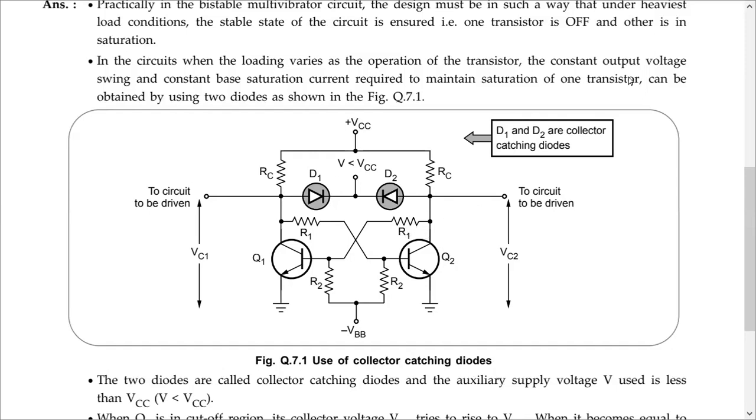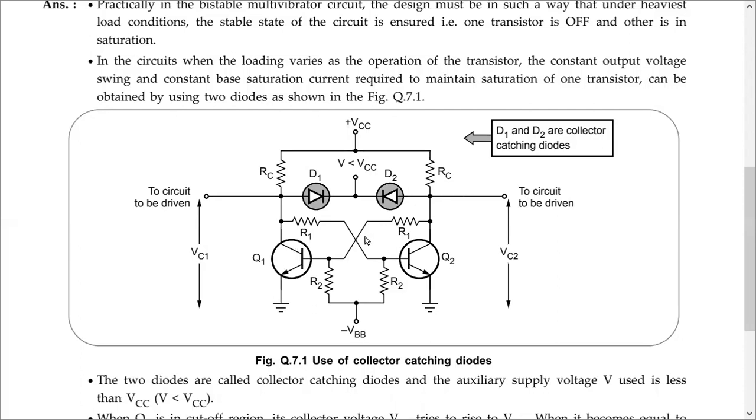We have taken the case of the voltage here affecting the base current of Q2. Again, because this is a symmetrical structure, the same explanation is valid for the next state, which is Q1 on, Q2 off.